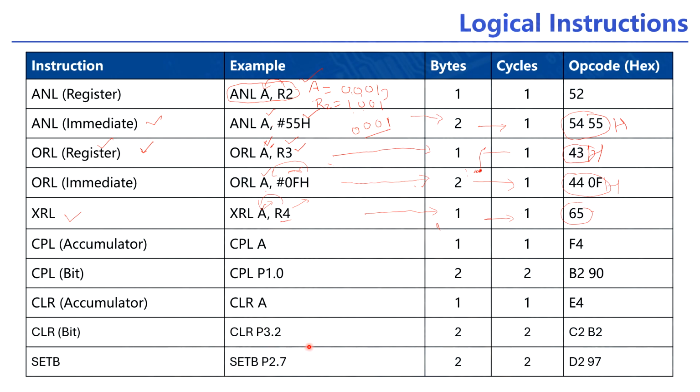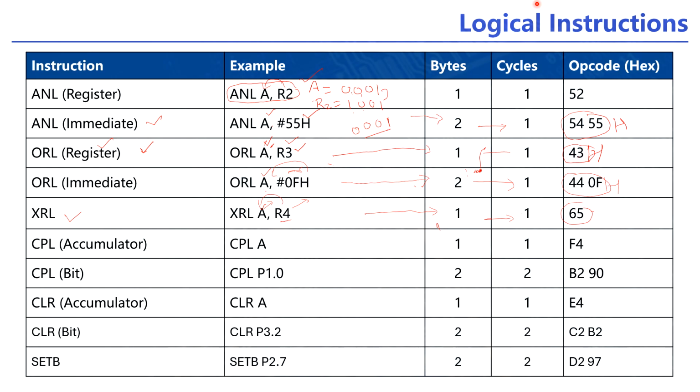By using this instruction, this should be 0 now. This instruction is a 2 byte instruction. The execution of this instruction requires 2 machine cycles. Opcode of this instruction is C2B2.